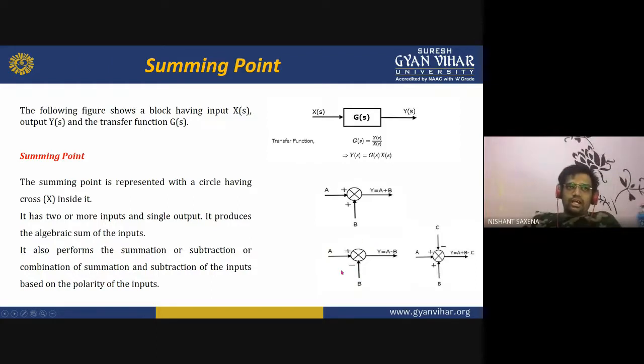It is creating the subtraction operation. Then we are having another input with the 2 positive polarities and one negative polarity. Then it is giving the combination of subtraction and summation operations. So depending on the polarities of the inputs, we decide the operation and the output is decided.